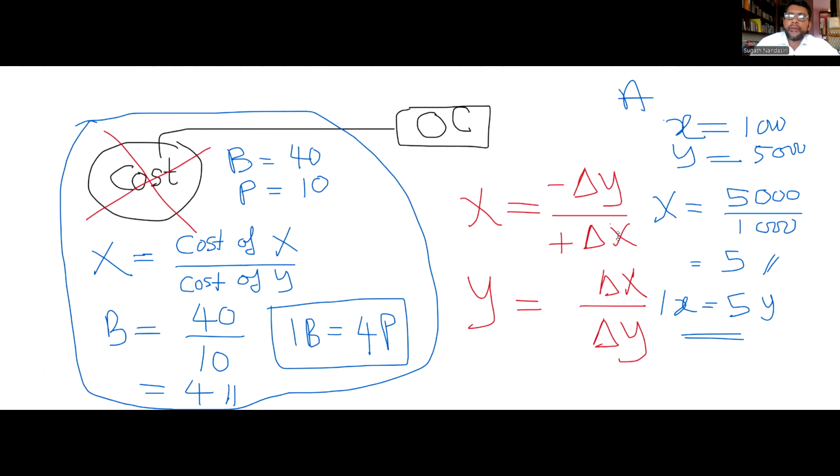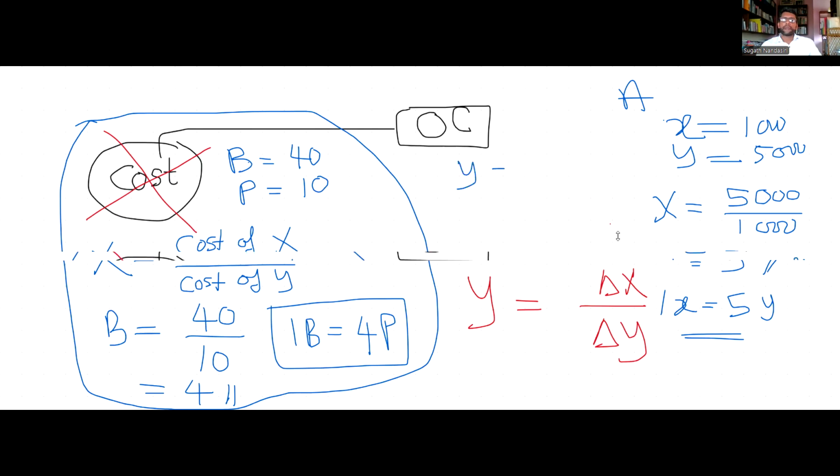Okay, take 2 minutes and calculate the opportunity cost of Y. Opportunity cost of Y equals, you sacrifice X. How much? 1,000.